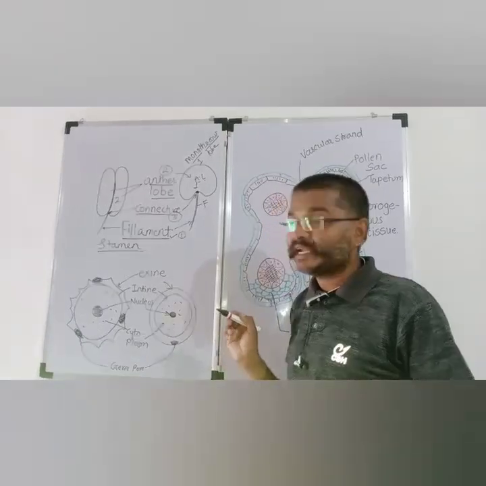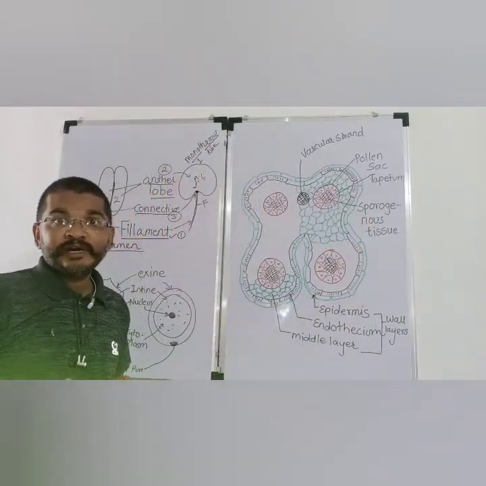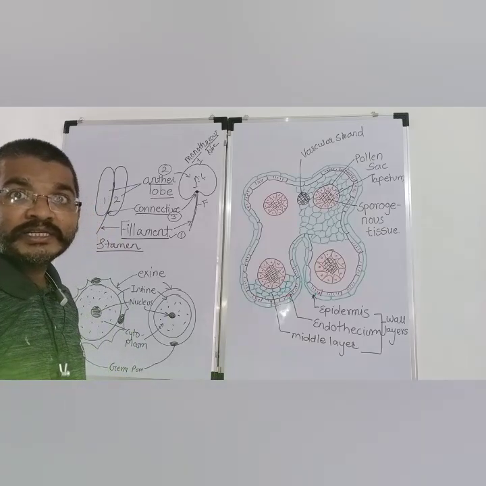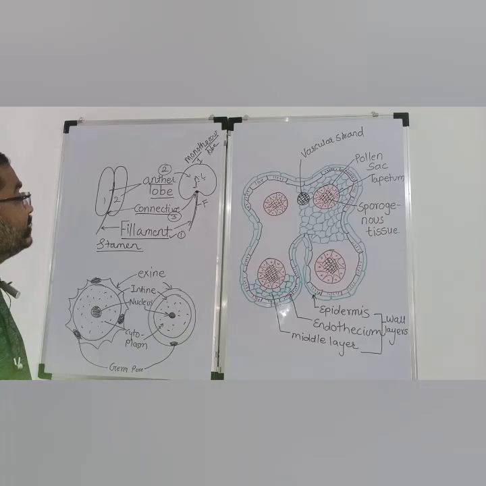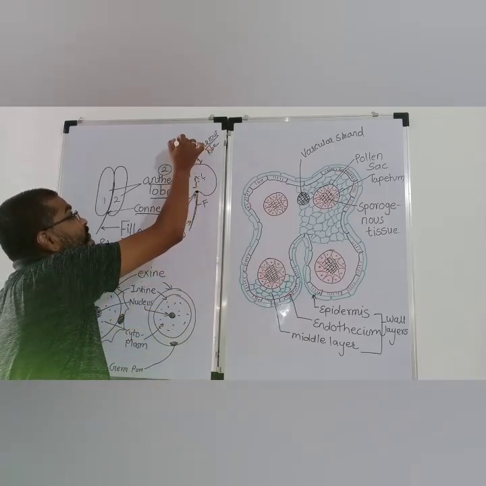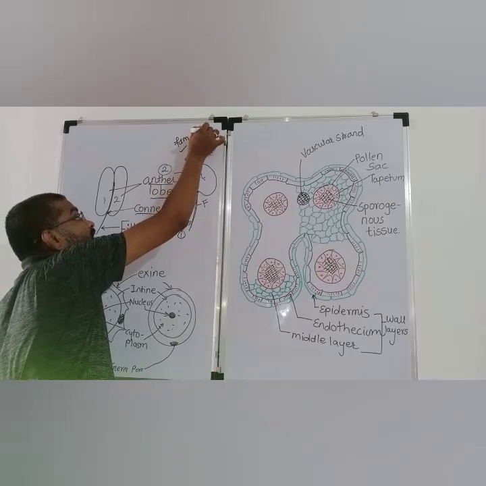Monothecous stamen is the characteristic feature of family Malvaceae. Members of family Malvaceae include hibiscus, cotton and so on.